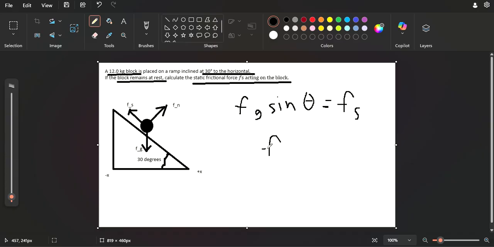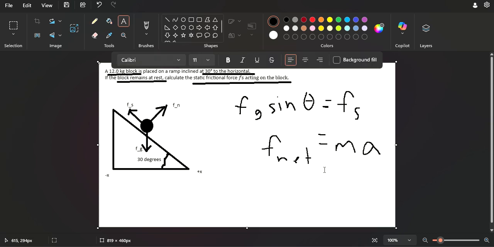So F of net is equal to m times a. As we can recall from our problem, mass is 12 kilograms. So we just simply plug in the values that we are given.